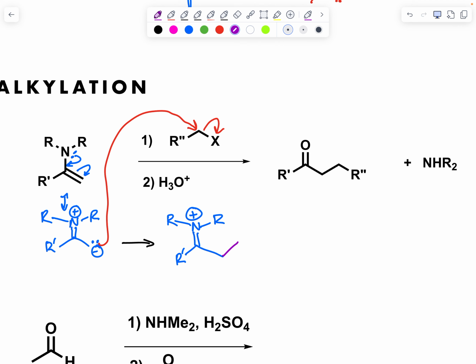Let me just make this a little bit smaller. Okay, so now we're going to combine three things. One, we're going to make an enamine. Second, we're going to use that enamine as an enolate equivalent.